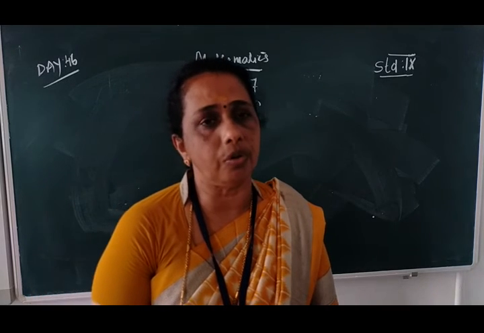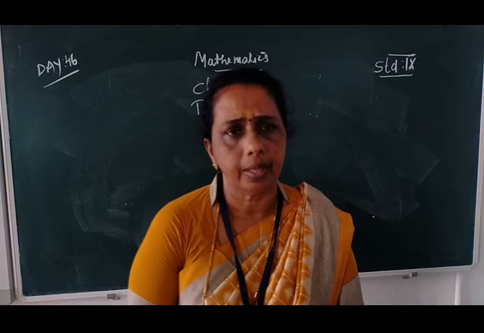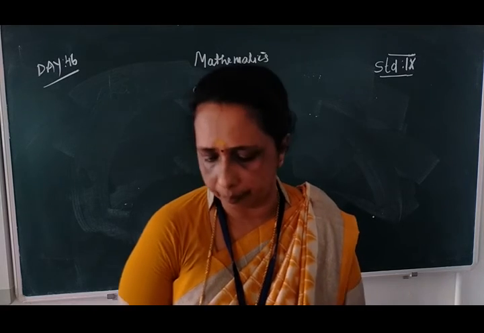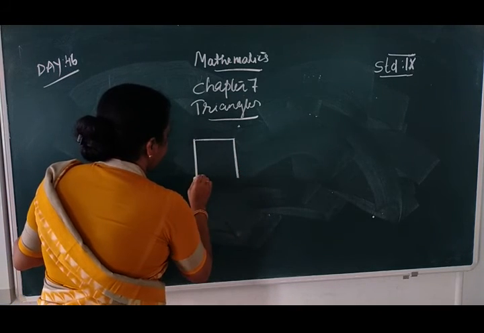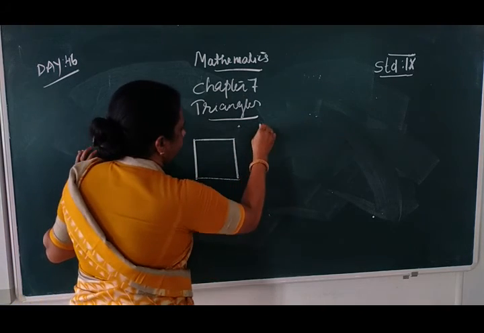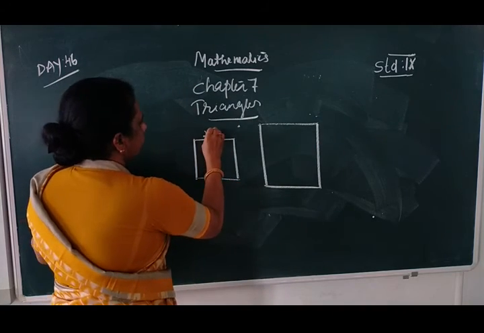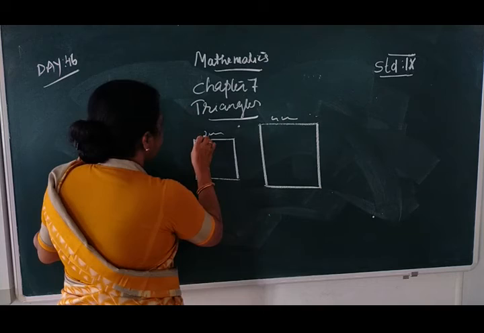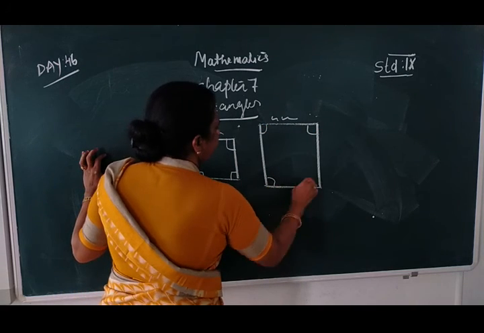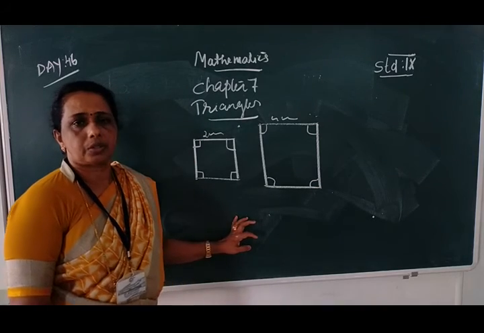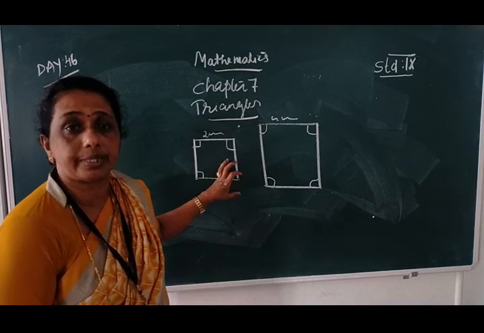Another example of congruent figures is two squares having the same length. Here this side is 2 centimeter, this side is 4 centimeter. But in these two squares, all angles are always 90 degrees. These two squares are not congruent because they have the same shape but not the same size.